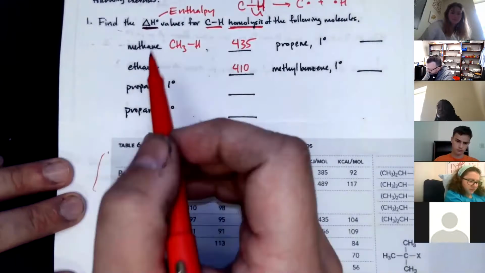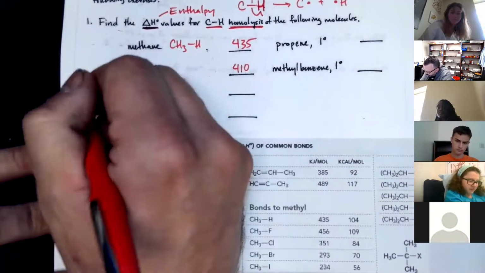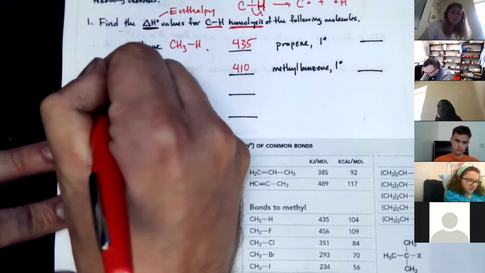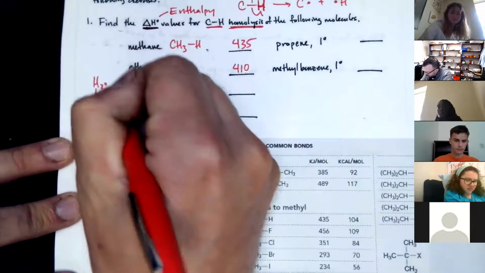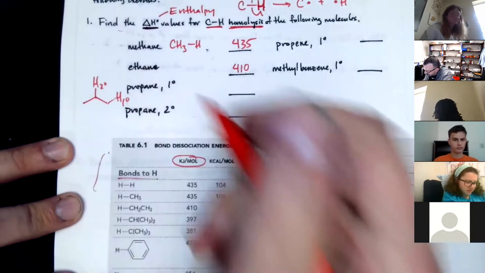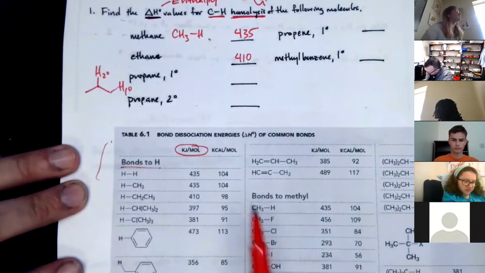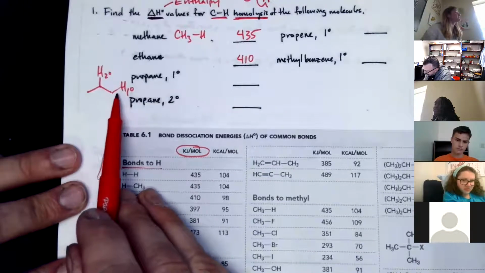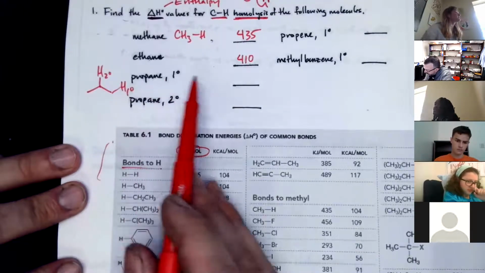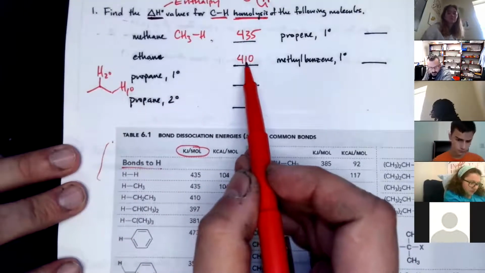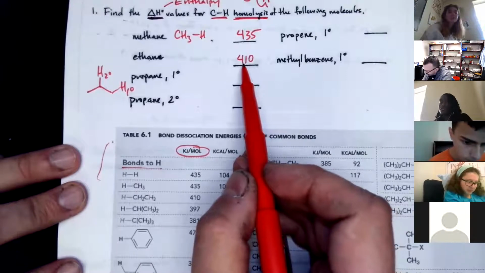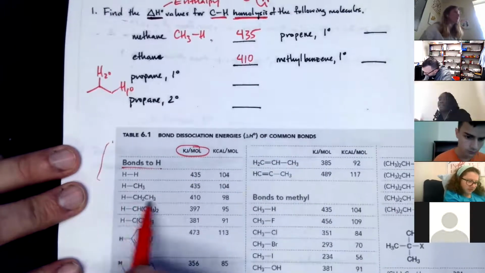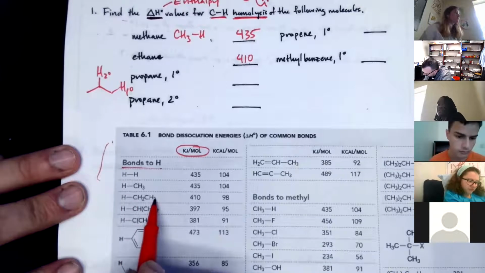So the next example for propane, remember we said there were 2 types. I'm going to say H secondary, H primary. I don't really see the propane primary on here, so we're just going to assume that it's the same as this one right here, the ethane.